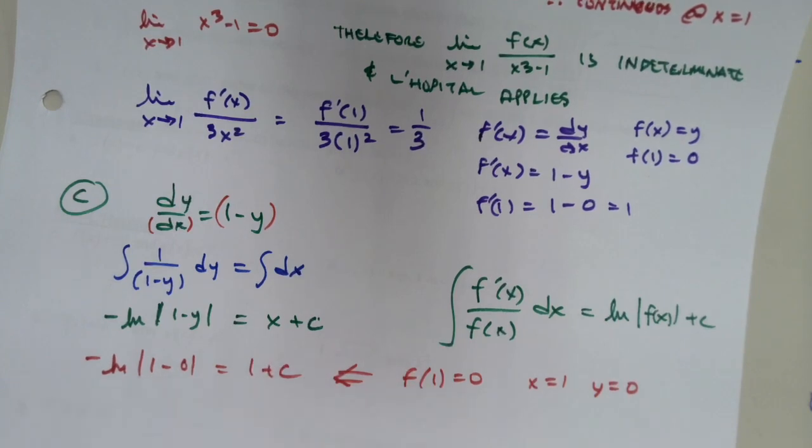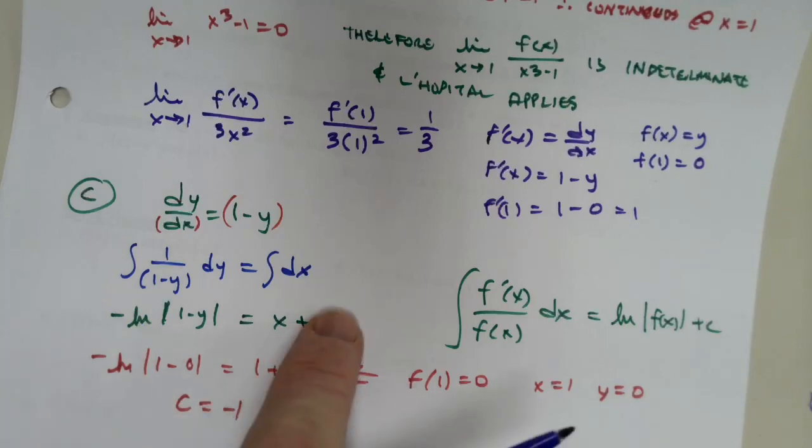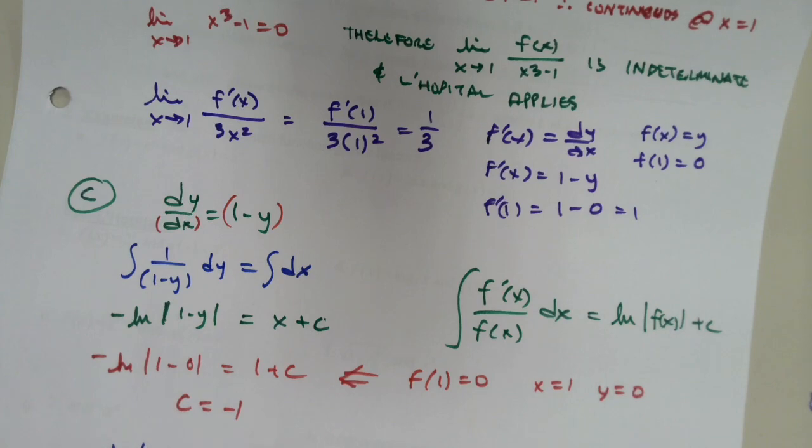Well, of course, this is just going to be 0, and c would have to be negative 1. So we can continue on by saying that the opposite of the natural log of the absolute value of 1 minus y equals x minus 1. That's from this.